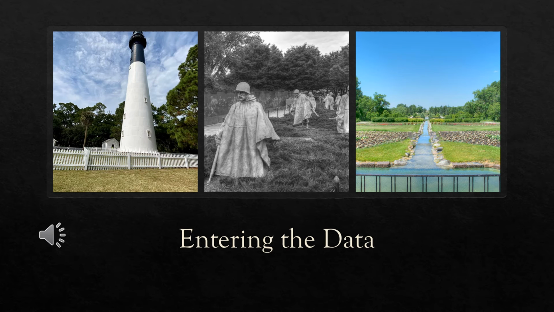I found entering the data took much longer than creating the map for the metadata. I feel like you really need to be cognizant of the rules that you decide upon when entering the metadata, which makes it take a lot longer than you would think it would. I also tried to keep my metadata more consistent by formatting the columns in Excel.